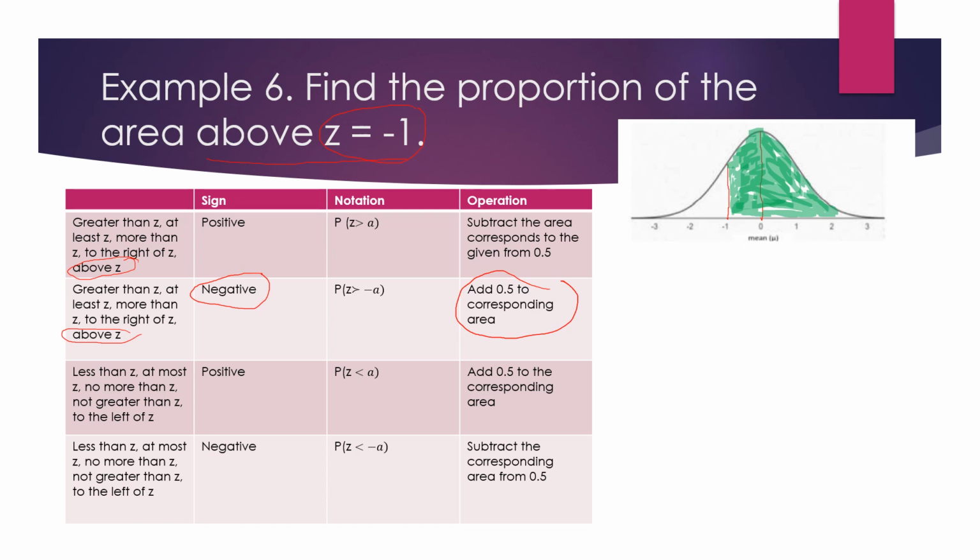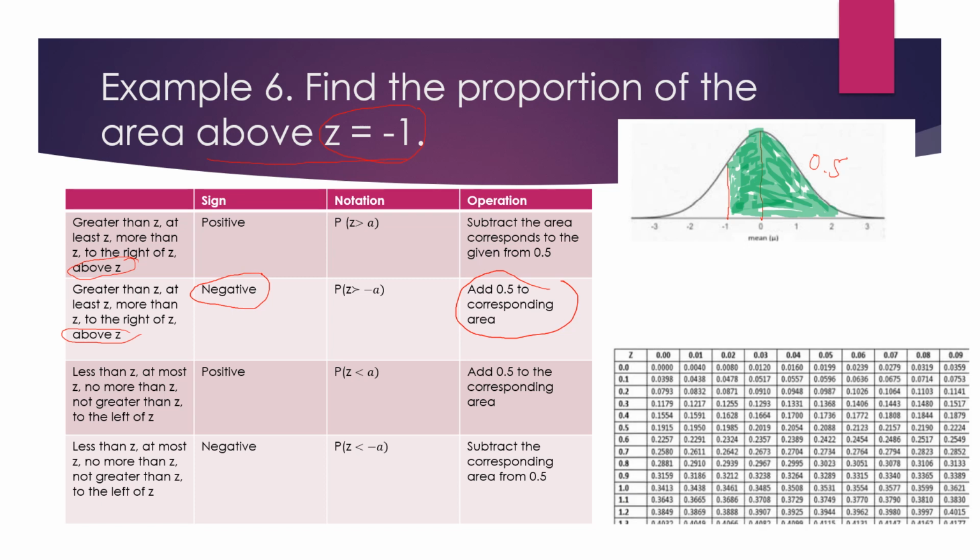Since we know that from the middle going to the right is 0.5, and the area from the mean going to negative 1 using the given table, 1.0 and 0.00, is 0.3413. So what we're going to do is add 0.5 plus 0.3413.